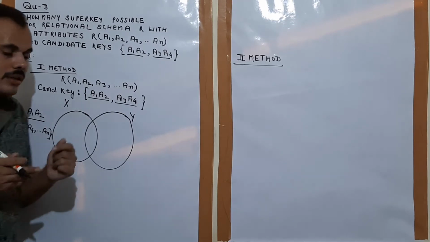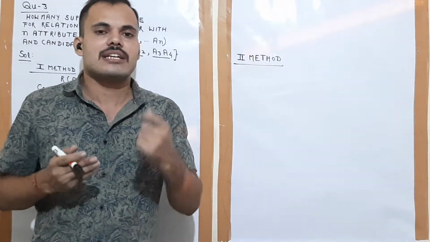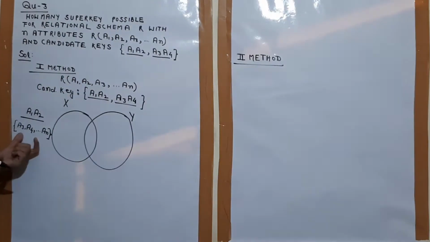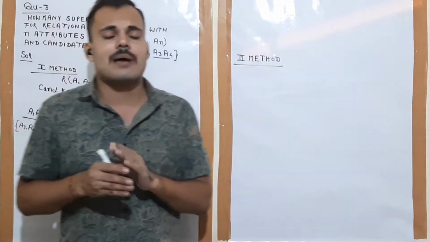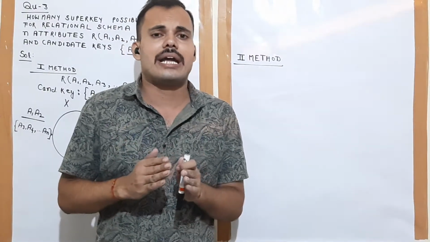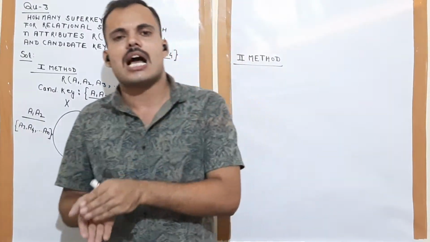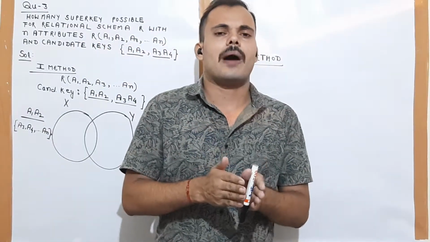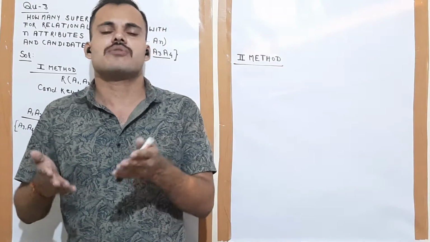Now, indirectly we can say that any subset of the other attributes, A3, A4, A5 to An, if we combine the candidate key A1, A2 with any subset of the other attributes, it will form a super key.